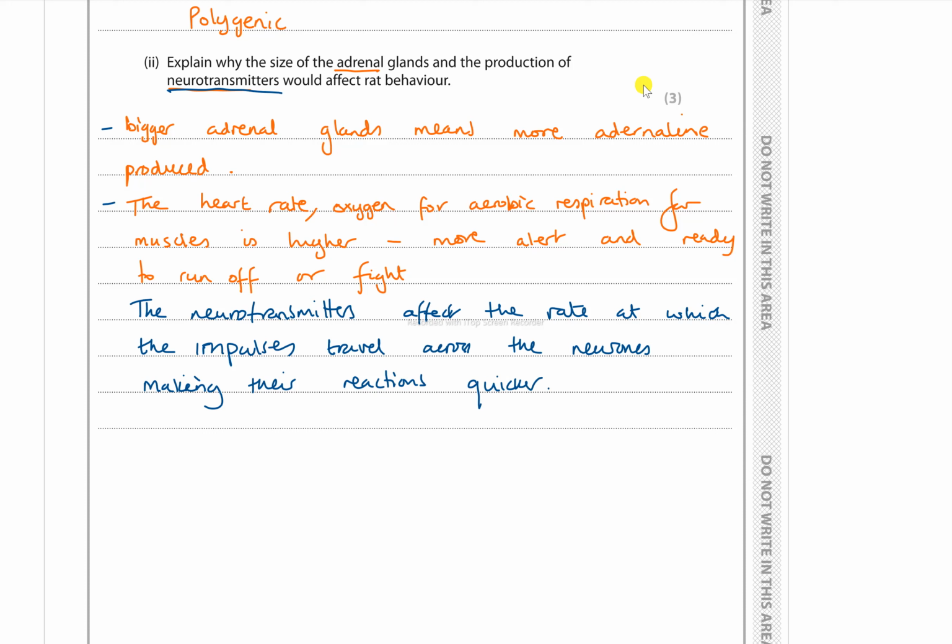So that's 1, 2, 3, 4. That's where you'll be given snippets of information and then you've got to apply it.